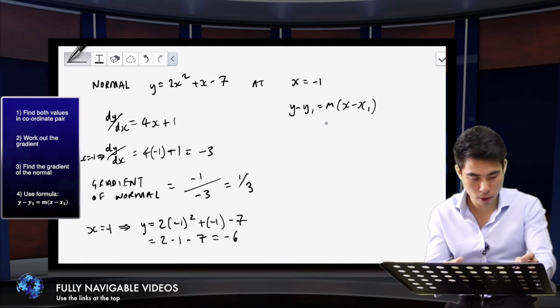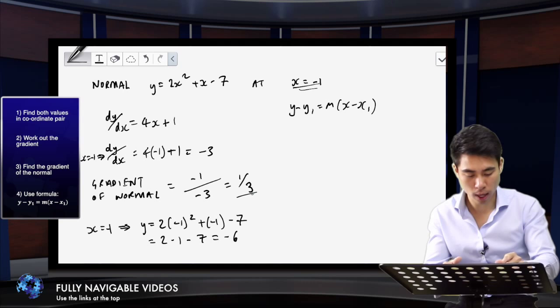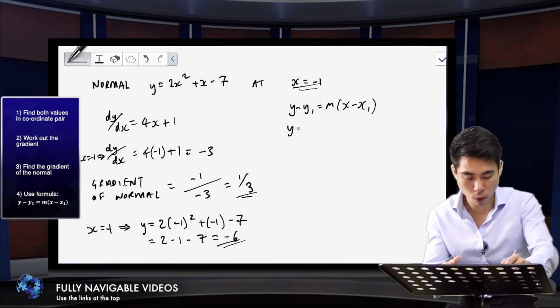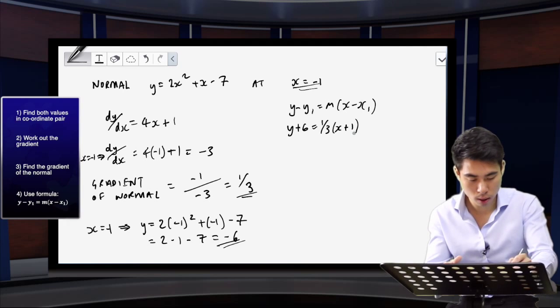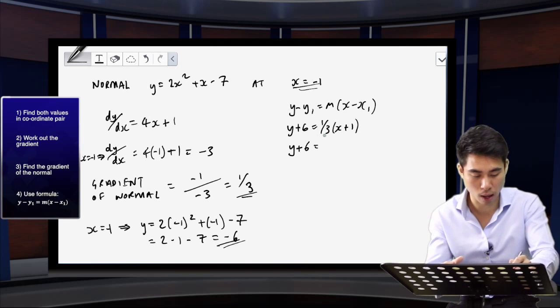So working through, we now have our x-coordinate up here, our gradient of the normal here, which is our m, and our y-coordinate, which we've just worked out. Substituting this all in: y minus -6, so y plus 6 equals our gradient 1/3 times x minus -1, or x plus 1. Okay, and then just rearranging this in the form y equals mx plus c, it's always good practice to do that.